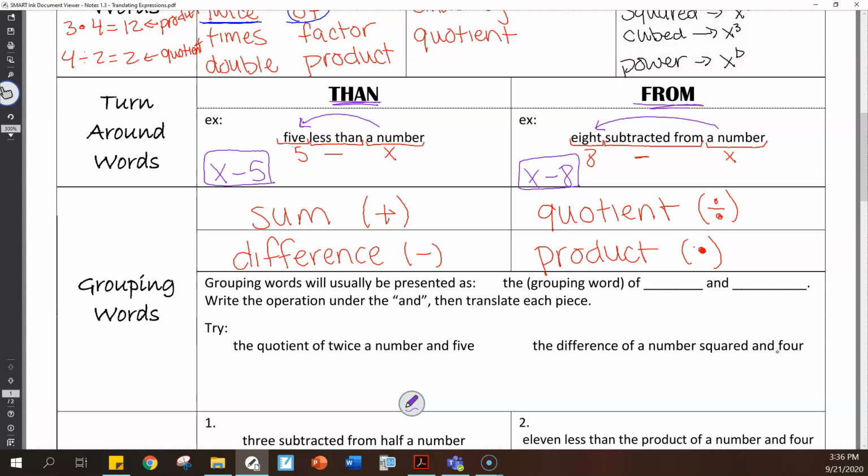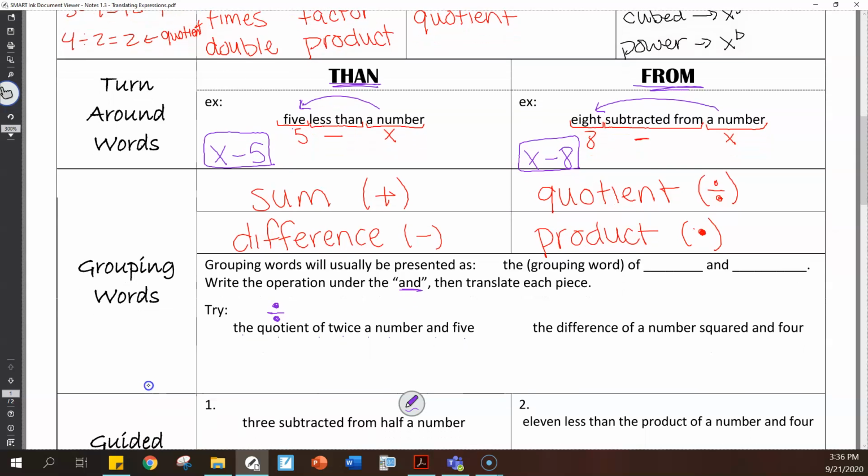Okay? I like to write the operation under the and. I'm going to find the and in this sentence, and I'm going to put the operation there. So I've got the quotient of twice a number and 5. Well, quotient tells me the operation is to divide. And I want that division to happen where the and is.